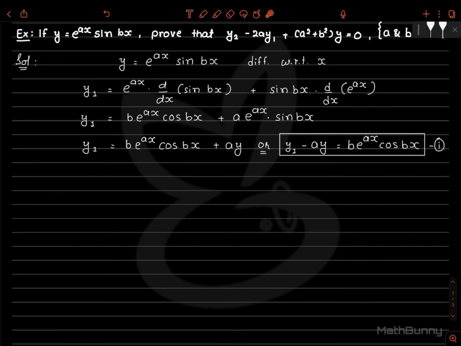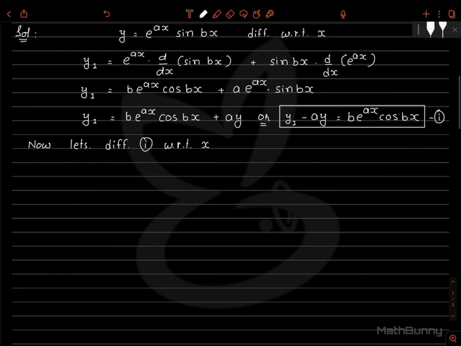We are supposed to differentiate y twice, then only we will get y2. So now let's differentiate result number 1 with respect to x. Again the chain rule will apply. On the left hand side y1 will become y2, minus ay will become ay1, and on the right hand side chain rule will apply.